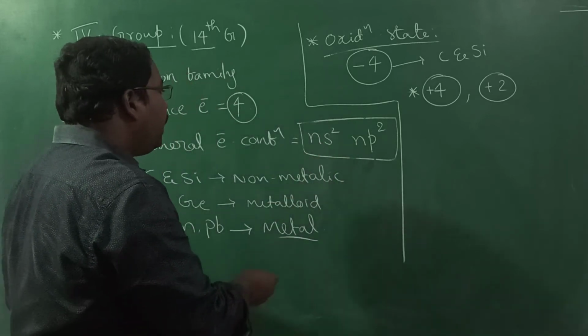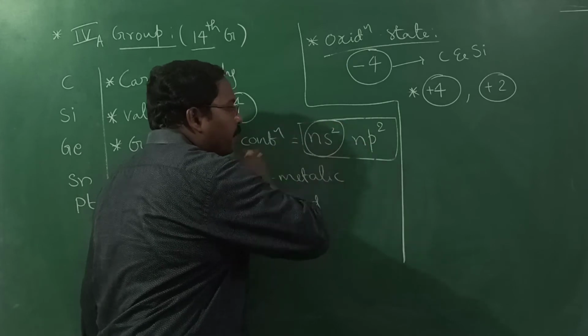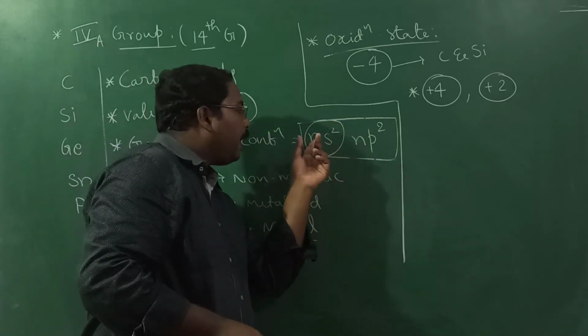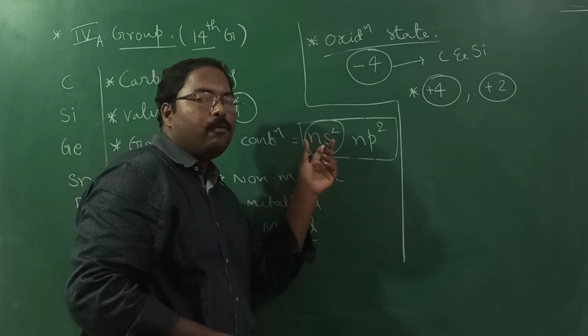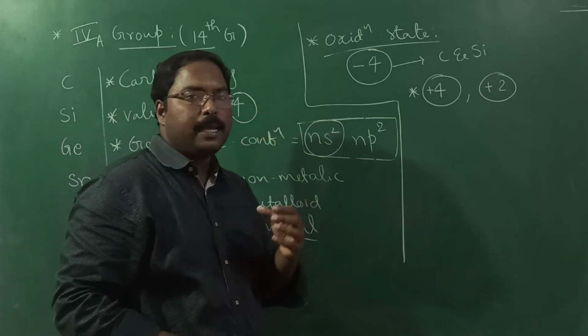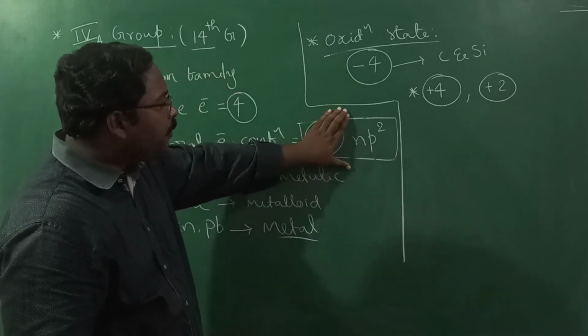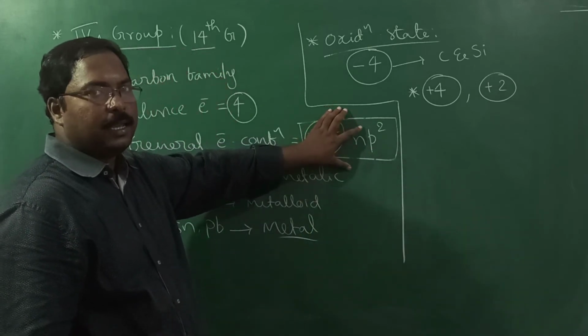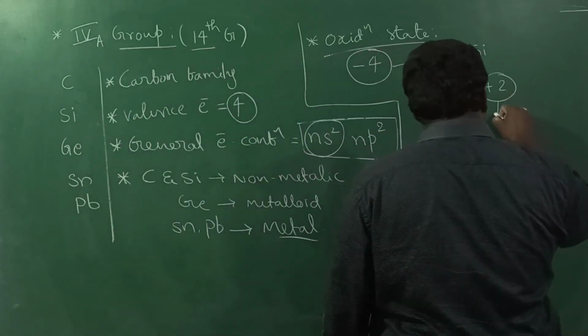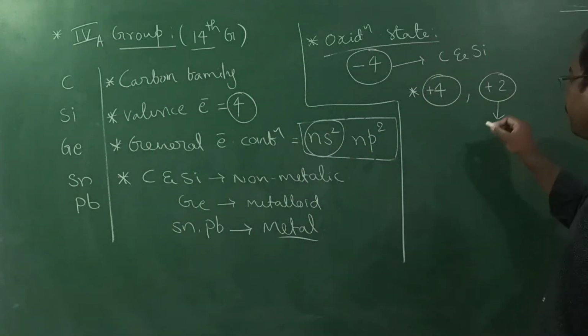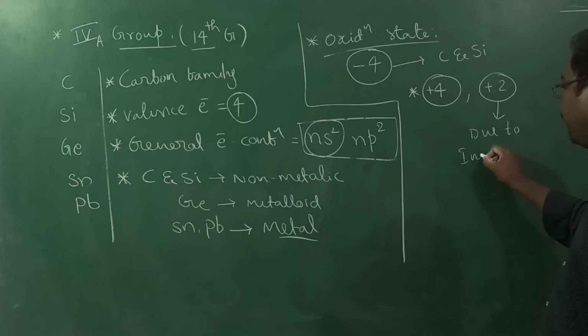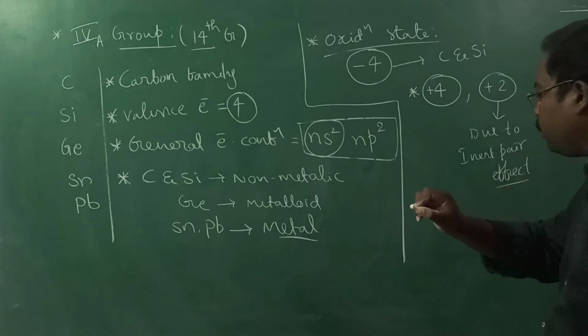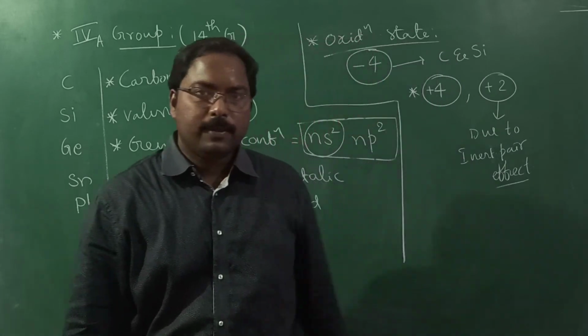For the bottom elements, the 2 electrons in the s orbital are reluctant to participate in chemical bonding, so they readily lose 2 electrons. That's why they exhibit the plus 2 oxidation state. We call this plus 2 mainly due to the inert pair effect. As I already told you, in detail we will discuss this at the end of the lesson.